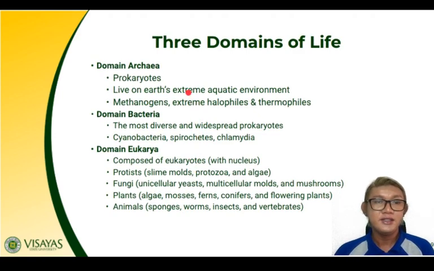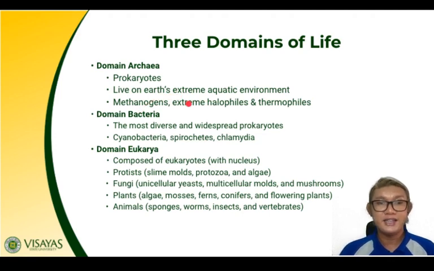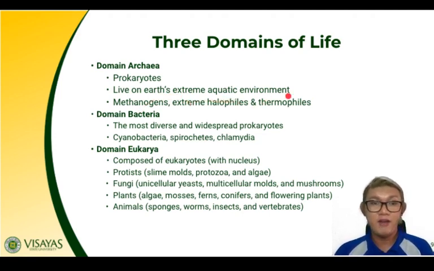Okay? So the archaeans, the organisms under domain Archaea, are found on Earth's extreme aquatic environments. So what are these extreme aquatic environments? So very hot environments, very high pressure, very cold, very acidic, very alkaline.